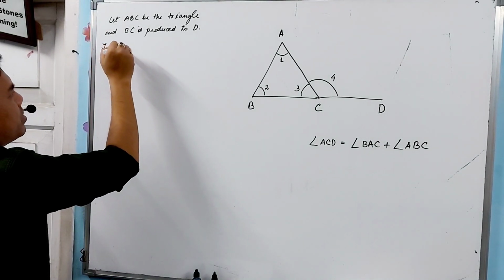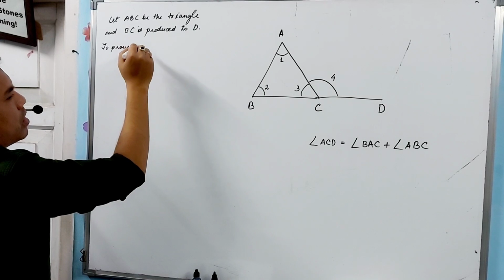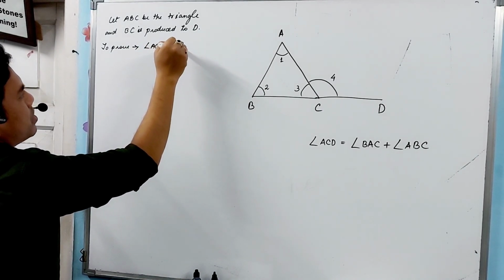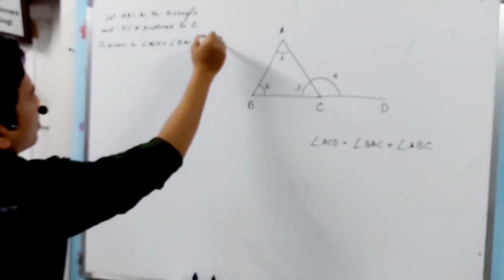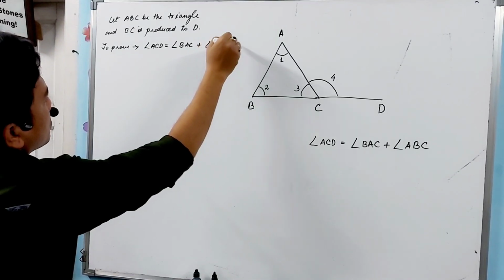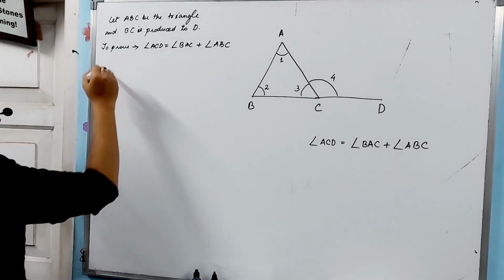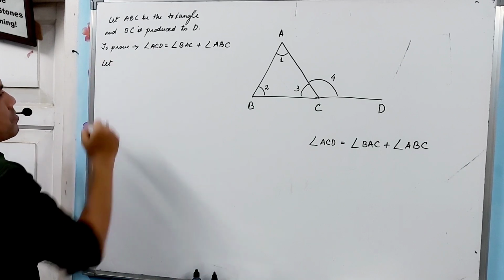Okay. Now what we have to prove? We have to prove that angle ACD is equal to angle BAC plus angle ABC. Okay. So now what we will do?